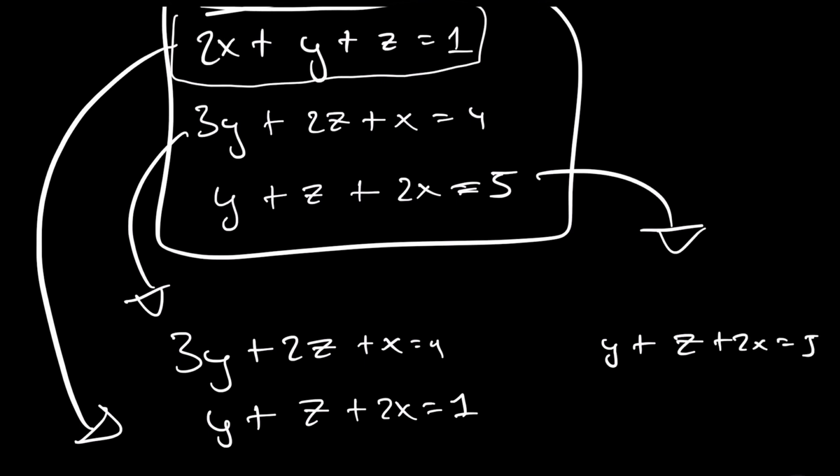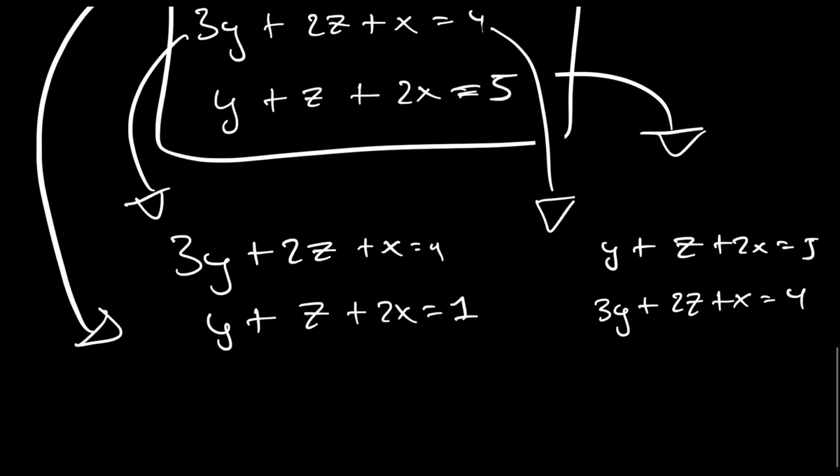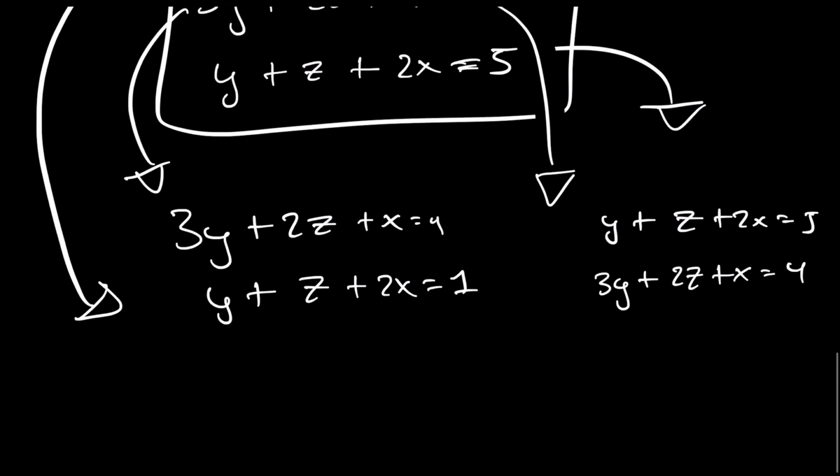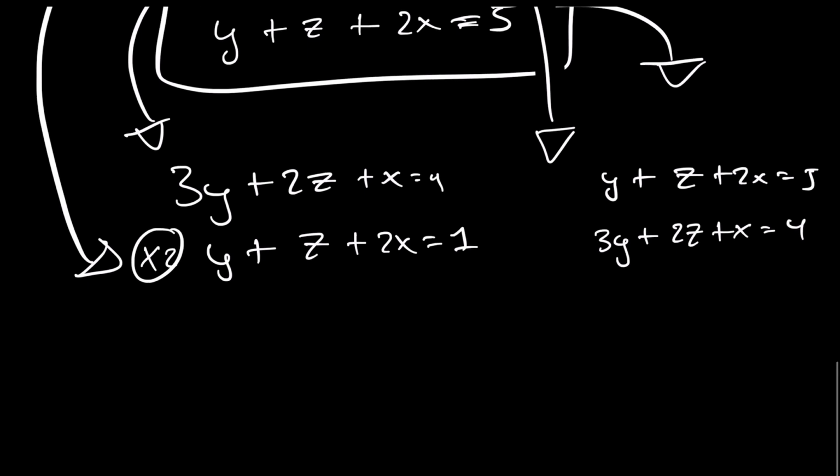Then we have the one that we're trying to cancel out, the elimination, which is going to be 3y plus 2z plus x equals 4. Now, as we can tell here, let's say we want to multiply this one by 2 to cancel out z.